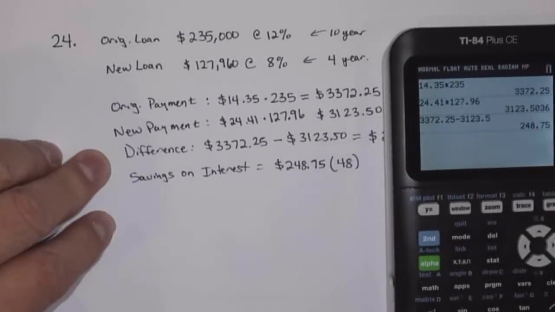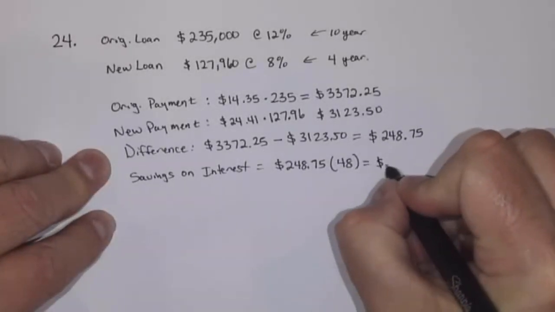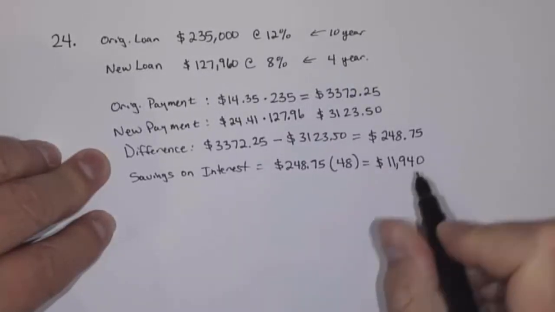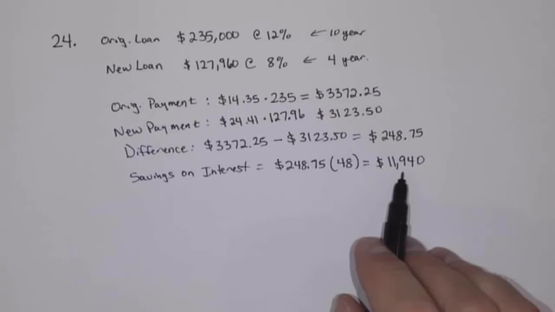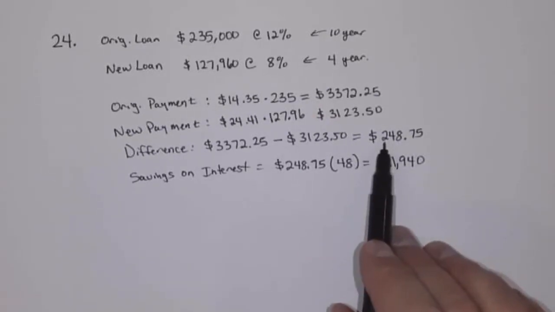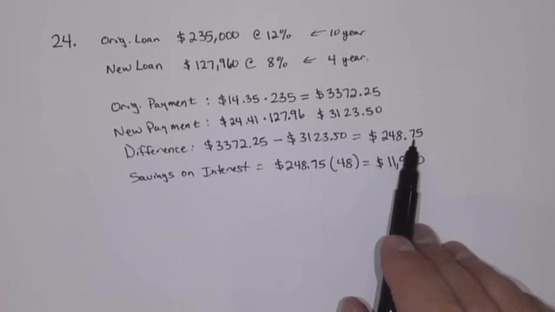So if I take that times 48, that is $11,940 that's being saved. So by refinancing, we're saving $11,940 in interest over the next 4 years. Again, that's occurring by saving $248.75 each payment for the next 4 years.